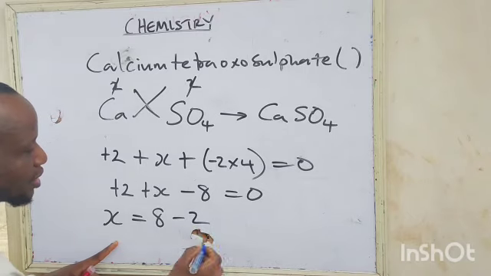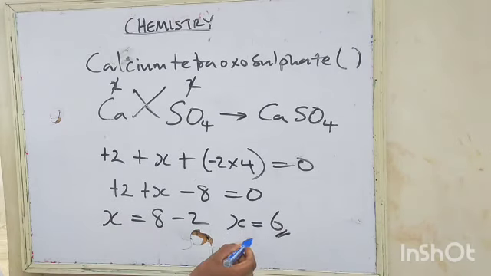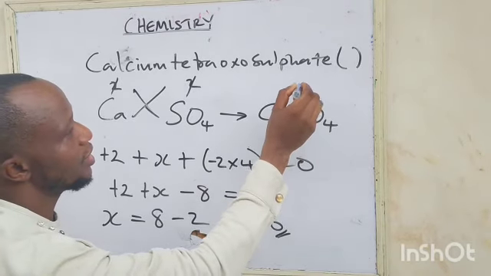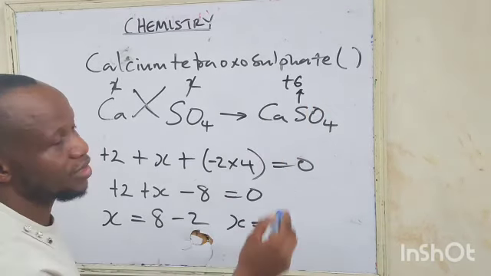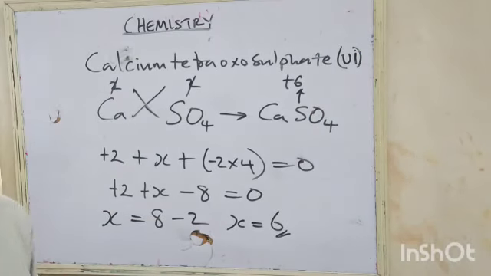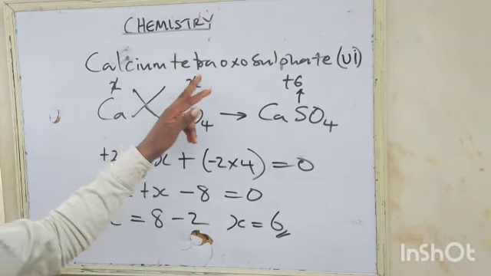So we have 6. x equals 6. So the oxidation number of sulfur is +6. So we have a Roman numeral. That is why when you pronounce the IUPAC name, we have calcium tetraoxosulfate(VI) by virtue of this calculation.